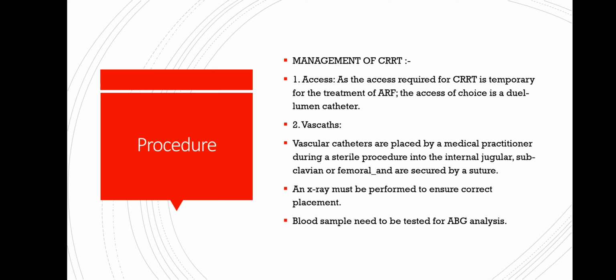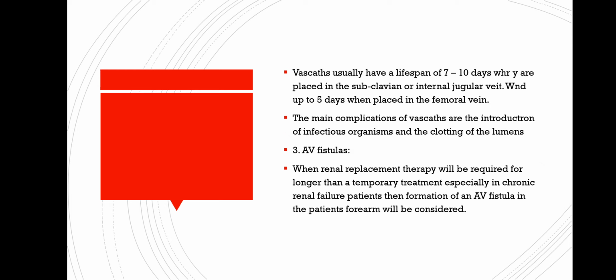Vascular catheters are placed by medical practitioners during a sterile procedure into the internal jugular, subclavian or femoral vein and are secured by suture. An X-ray must be performed to ensure correct placement. Blood samples are needed for ABG analysis. These are the main procedures of CRRT.